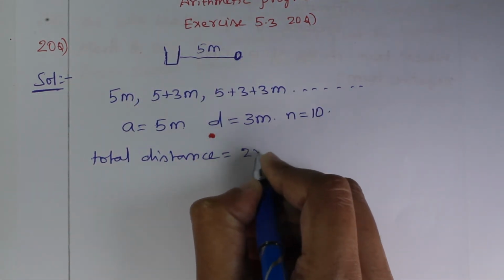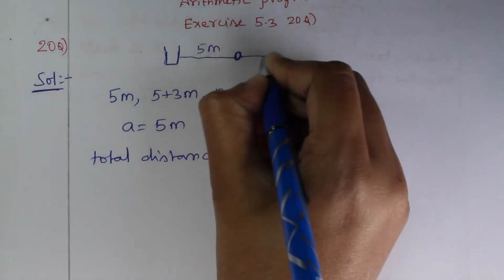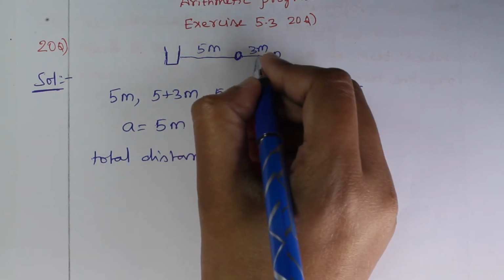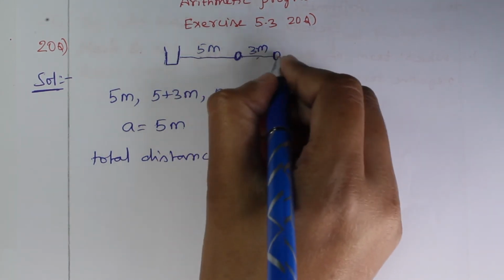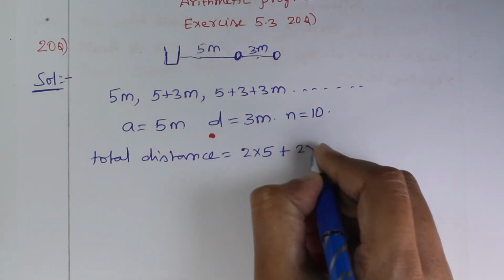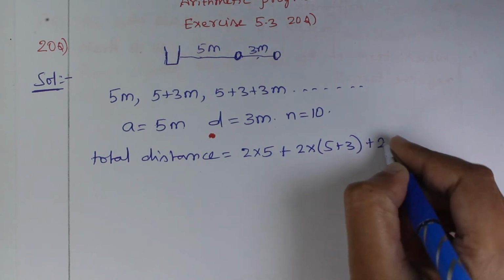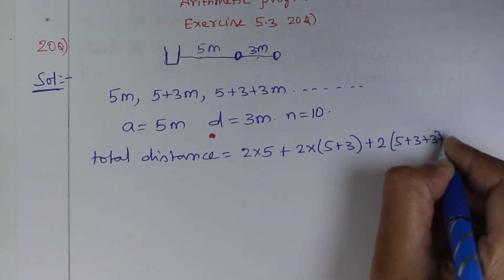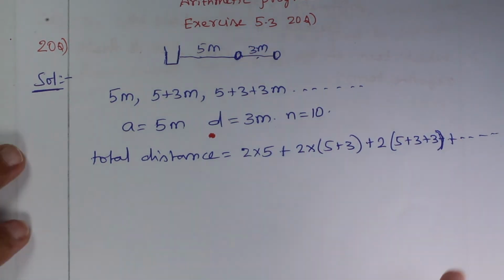Plus the next potato is at a distance of 3 meters from the first potato. That is 2 into, he has to travel 5 plus 3 meters 2 times, 2 into 5 plus 3. And then for the next potato he has to travel 2 into 5 plus 3 plus 3, and so on till the 10 potatoes.